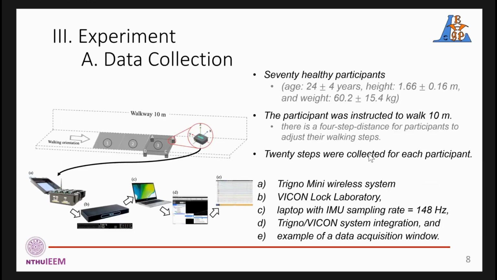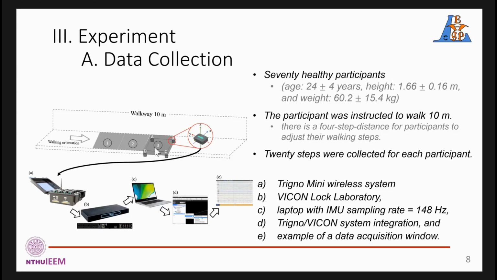Moving to the experiment part for data collection. We place three boards on the walkway, around 10 meters. Participants were asked to walk through this 10 meters, and we only set the sensor on the third board, because we would like to collect the continuous steps, not the initiating step.